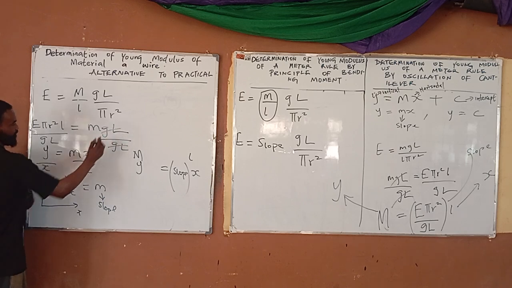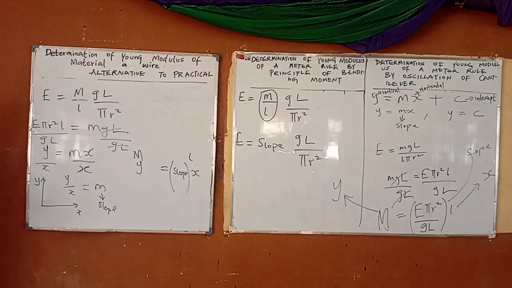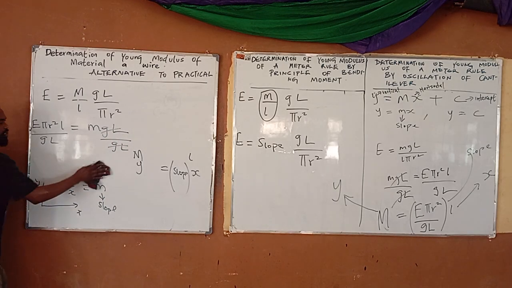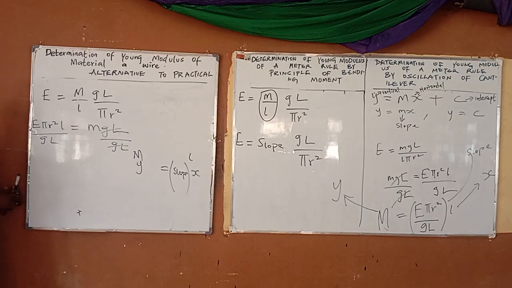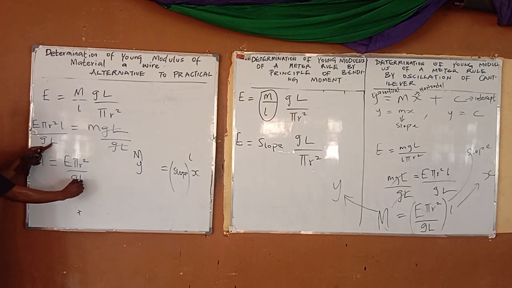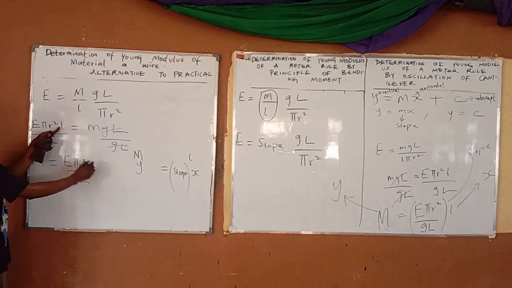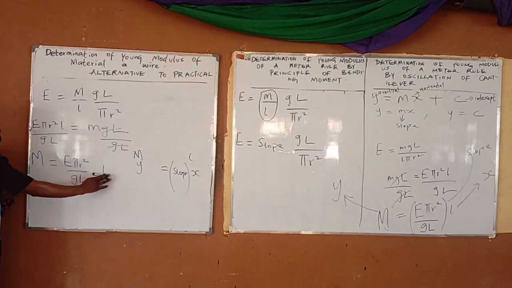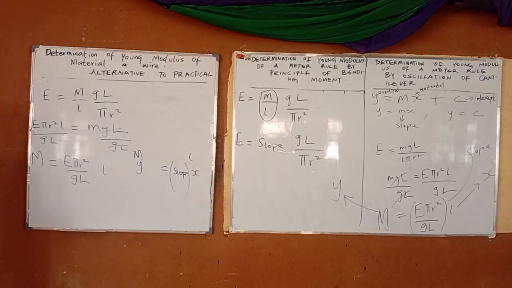You get the point now? So I now have m equals E pi r square over g capital L, now times this small l. You see it? Very simple.